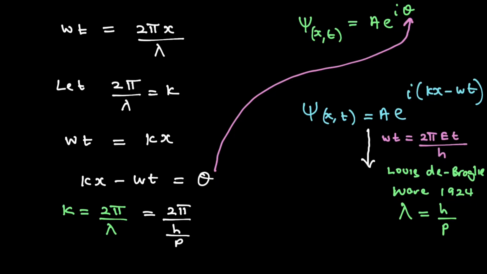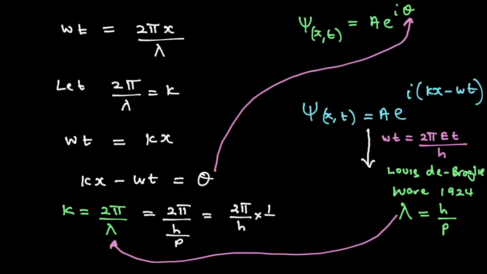So what I've done is I've transferred that into there, and that then becomes 2 pi over h times 1 over 1 over p. 1 over 1 over p is p, and that becomes 2 pi over h p, 2 pi p over h.